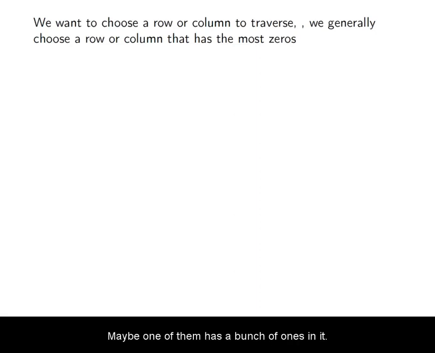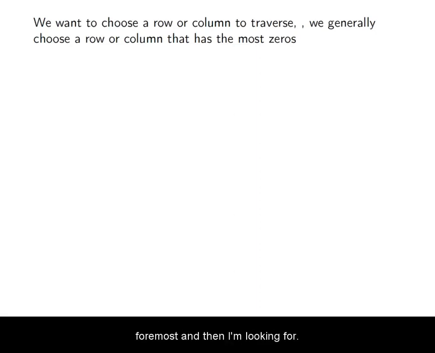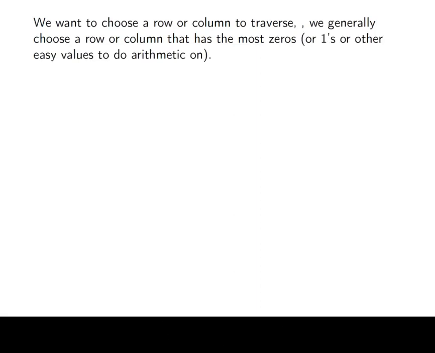Maybe one of them has a bunch of ones in it, and the other one has 2 and -5 and 7. I'm going to go with the one with a bunch of ones. So I'm looking for the column with a bunch of zeros first and foremost, and if there are multiple rows or columns with the same number of zeros, I choose the one with the easiest numbers in it. Okay, so that's the next thing.